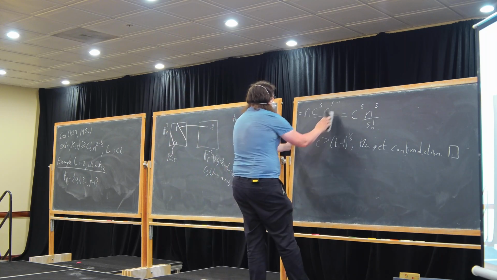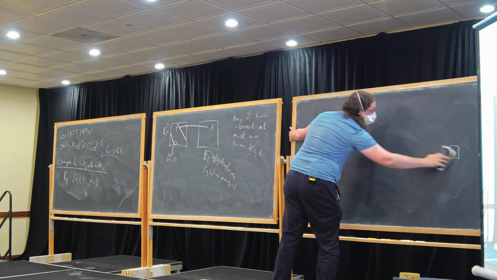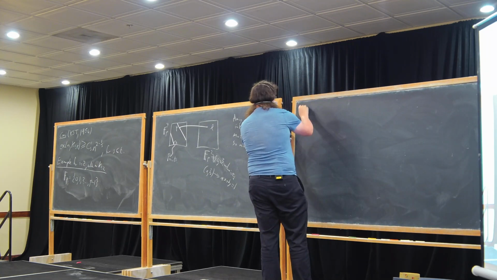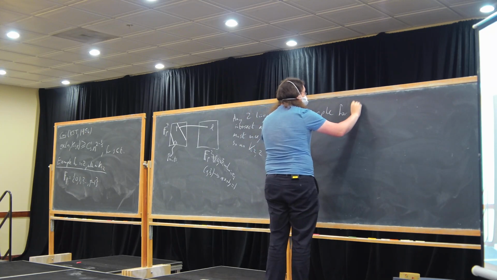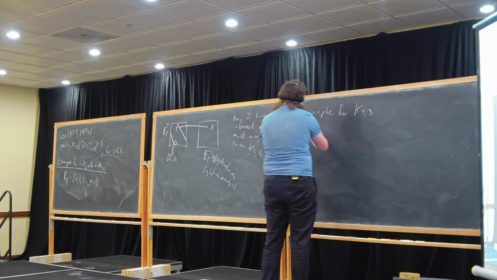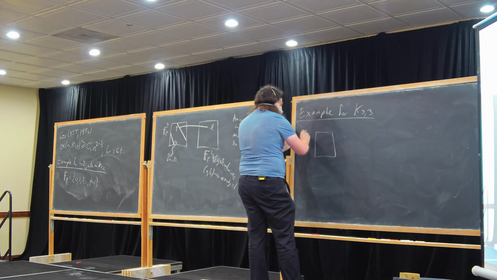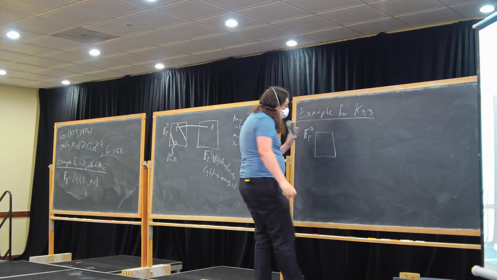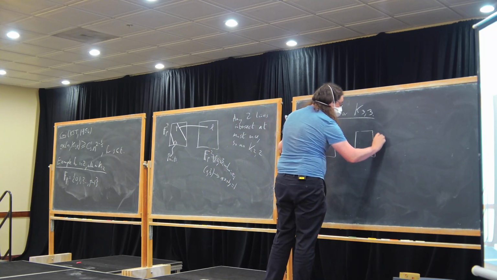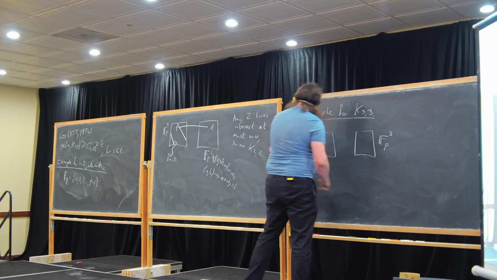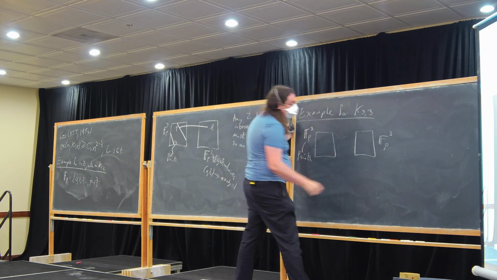So for s equals 3, you do something very similar. So the example for K33, you have F_p cubed on this side. Again, it's all the points in here. You have F_p cubed on this side. This, again, corresponds to points. This corresponds to unit spheres.